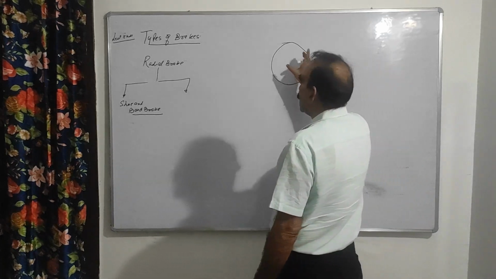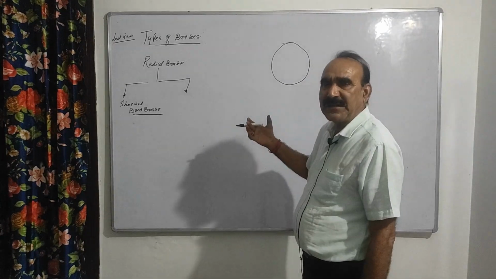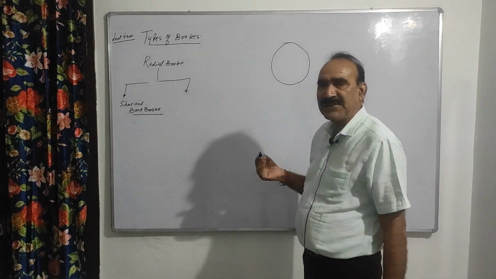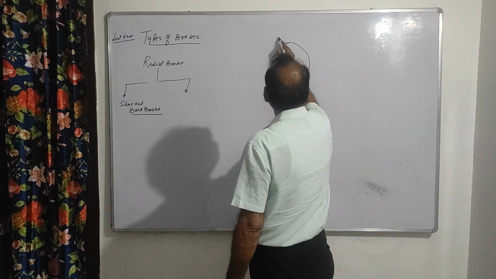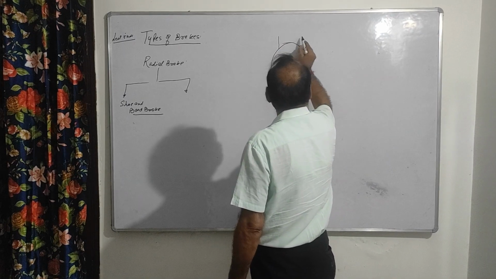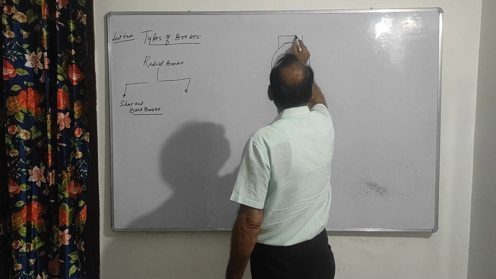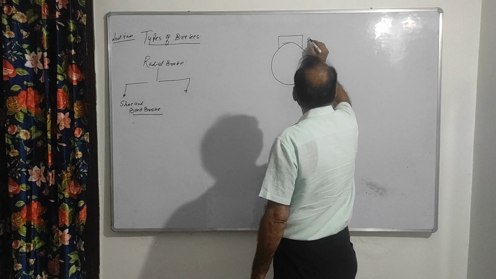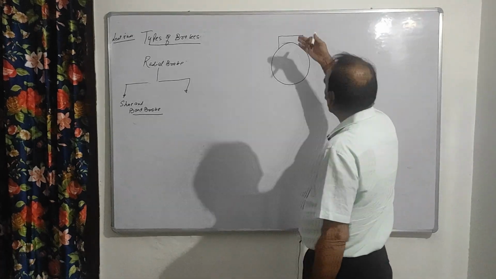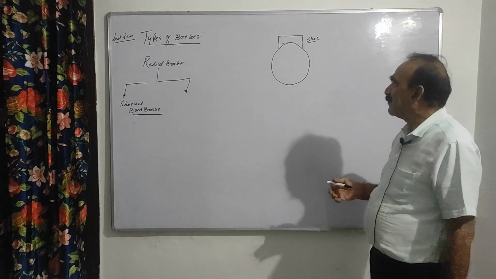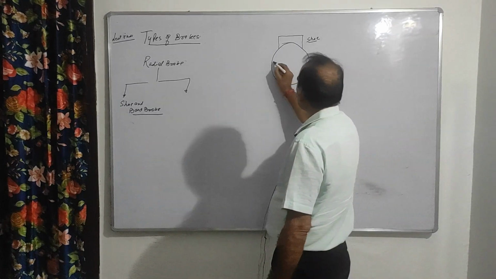And drum is rotating either in clockwise direction or anti-clockwise direction. That depends upon its direction of rotation. So here is your shoe, you can say. This is your shoe here. So shoe is applying the normal pressure on this. This is your axis.